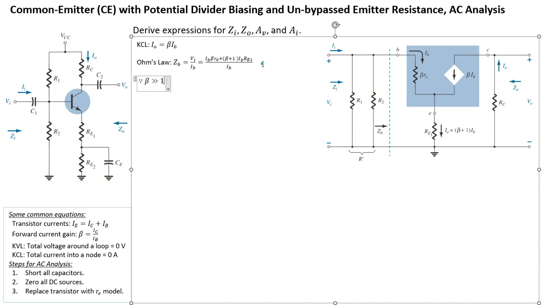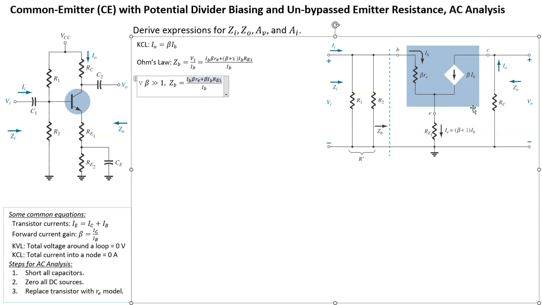Because beta is much larger than 1, we can write ZB equal to, basically I'm just going to copy this. Instead of beta plus 1, it'll just become beta.